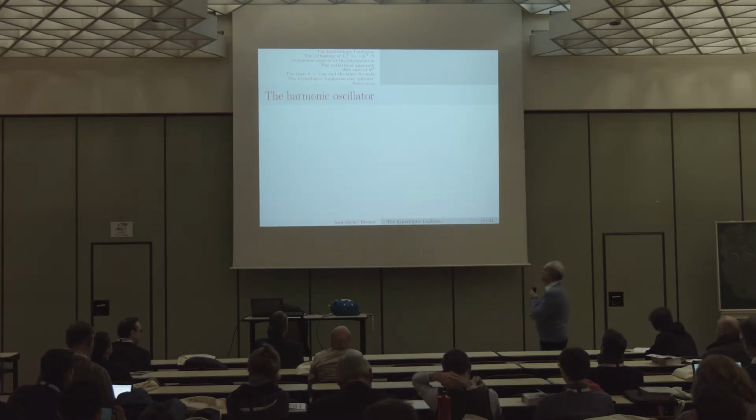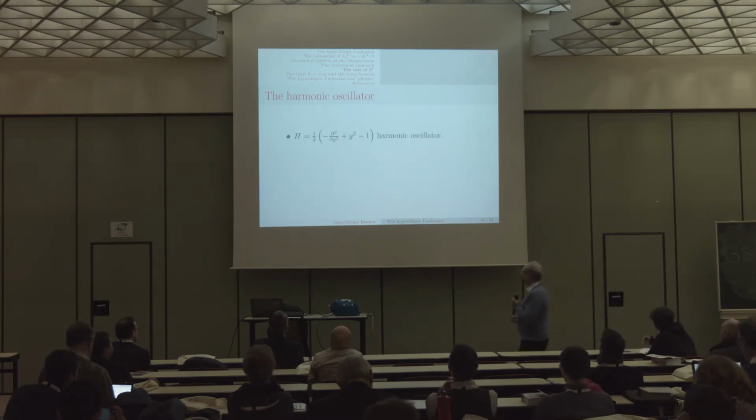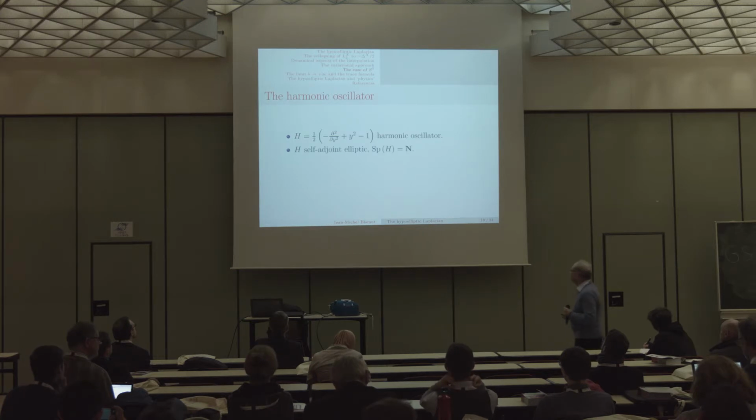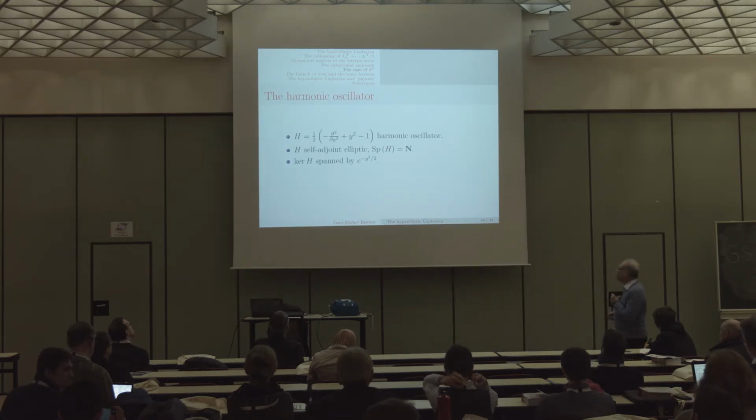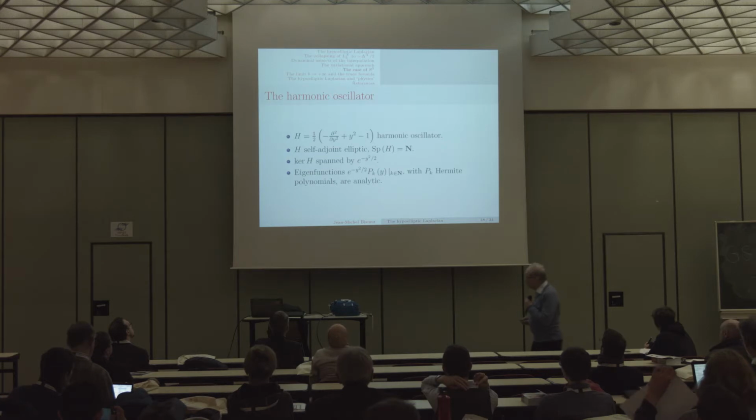Now let me go to the case of S^1. Now we will see conserved quantities. So first of all, I consider again the harmonic oscillator in one variable, half of minus d squared over dy squared plus y squared minus 1. That's the harmonic oscillator. It is well known that this is a self-adjoint elliptic operator, which is non-negative, and its spectrum is discrete. It is given by the integers. In particular, its kernel is spanned by the Gaussian function, and more generally, its eigenfunctions are very easy to compute.